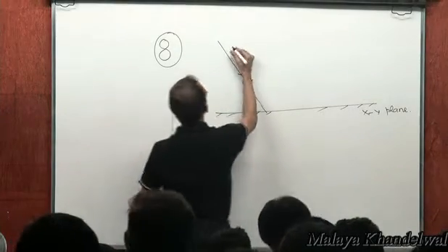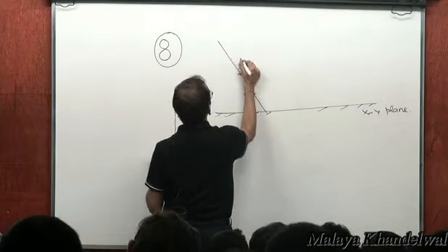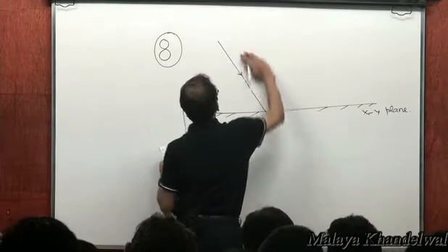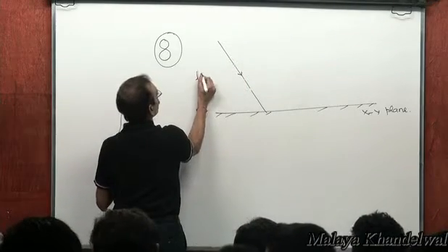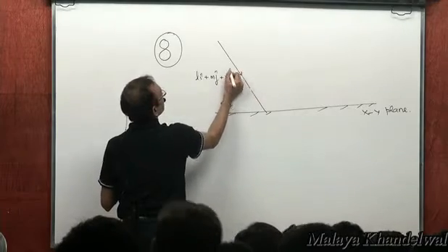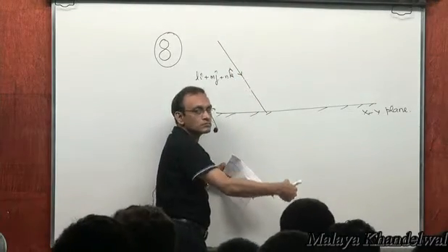A unit vector along the incident ray is L i cap plus M j cap plus N k cap. That's given.